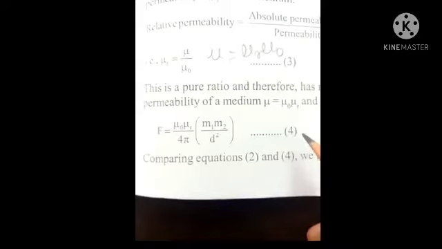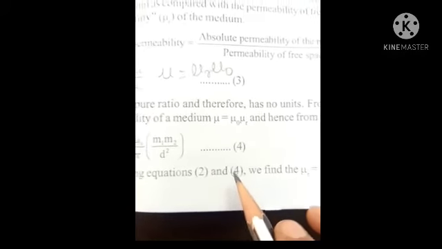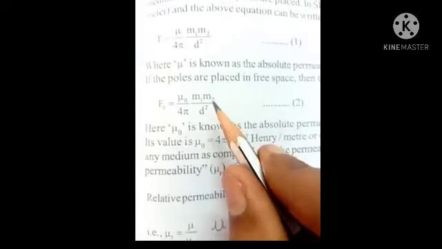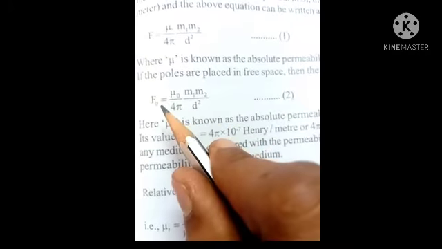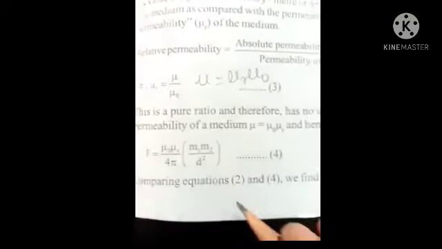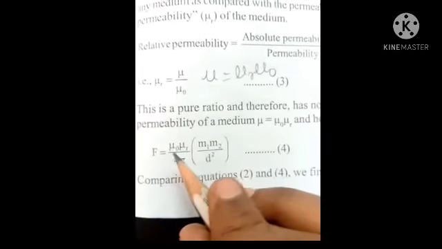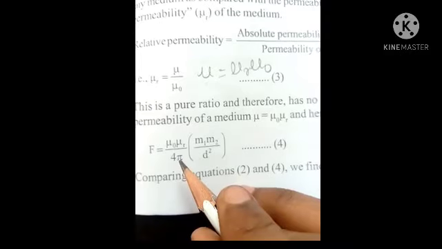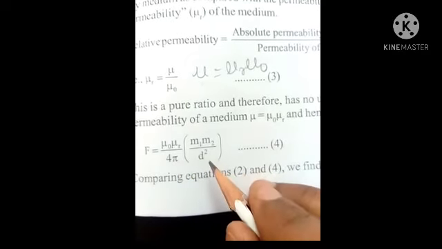That is the fourth equation. Comparing equations 2 and 4: F equals mu naught mu r by 4 pi m1 m2 by d square.